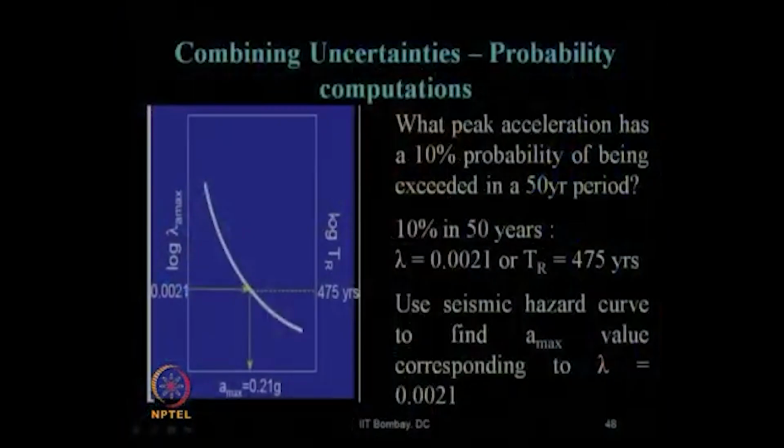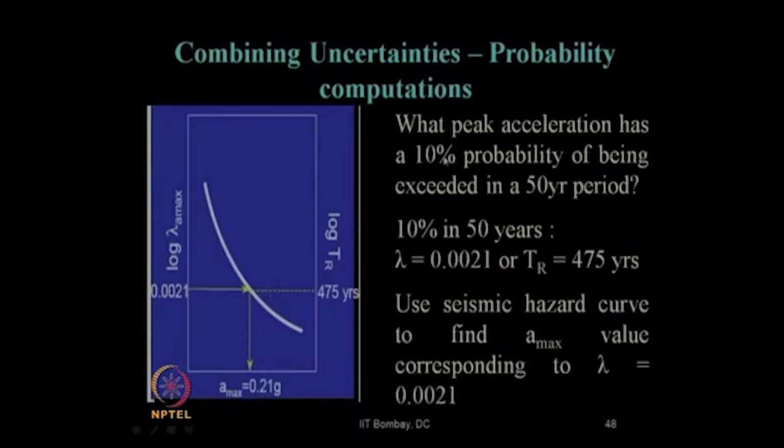Now, let us see the application in another direction: what peak acceleration has a 10% probability of being exceeded in a 50-year period. This is the other way of using the probabilistic seismic hazard curve.